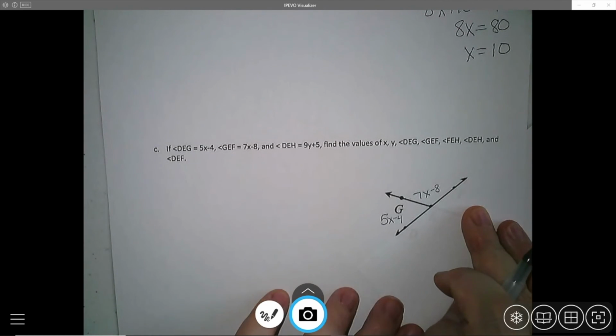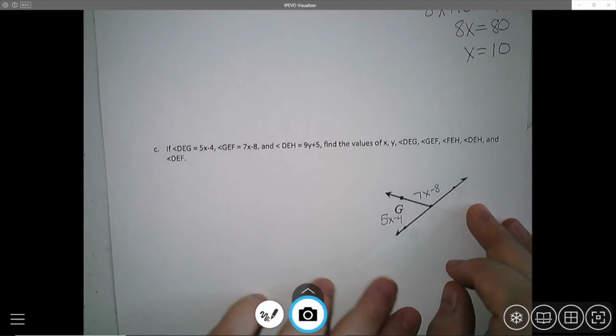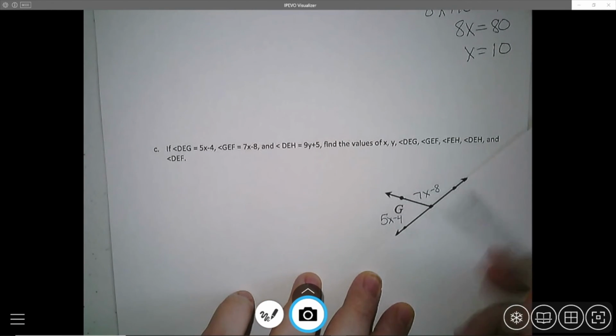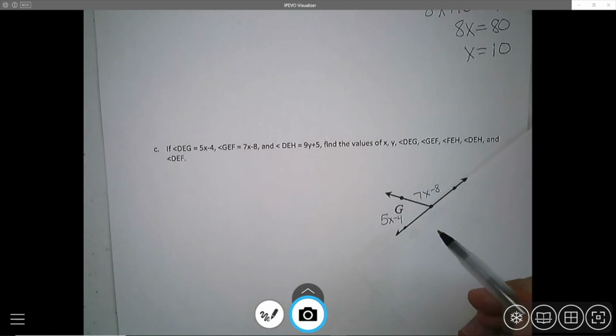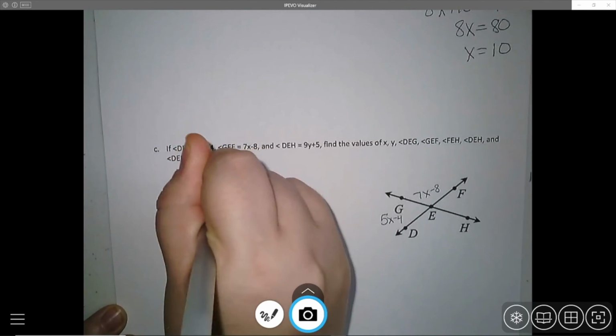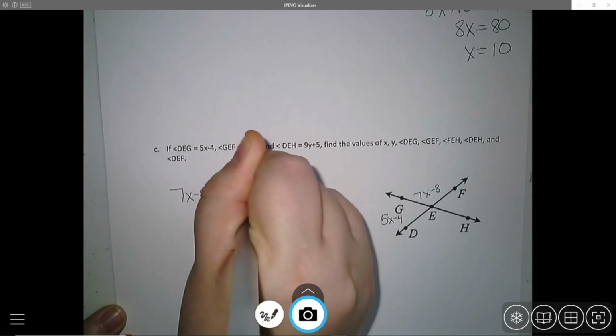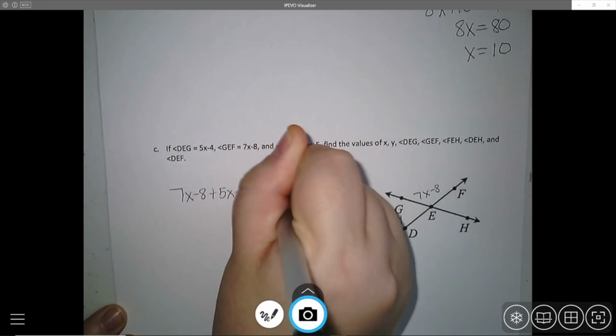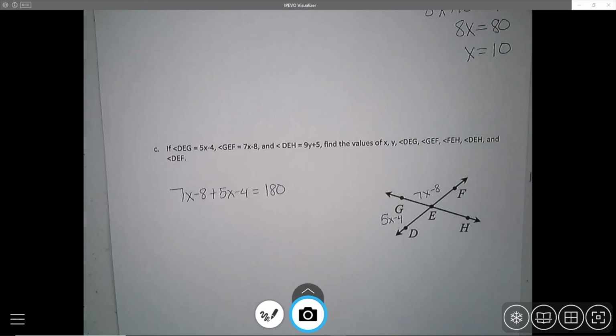Is there enough for me to do something with on the problem? And the answer is yes. These angles form a straight line. Angles that form a straight line are supplementary. They add up to 180 degrees. I can simply say 7x minus 8 plus 5x minus 4 has to add up to 180 degrees because they form a straight line.